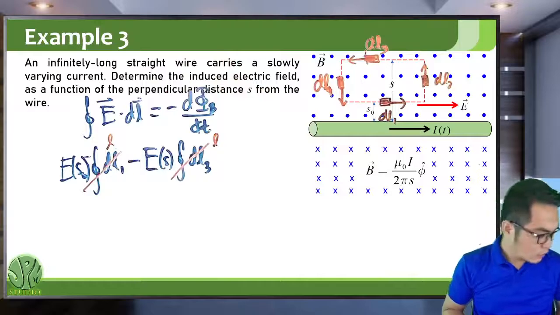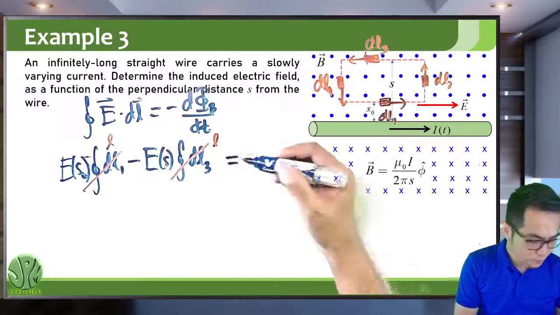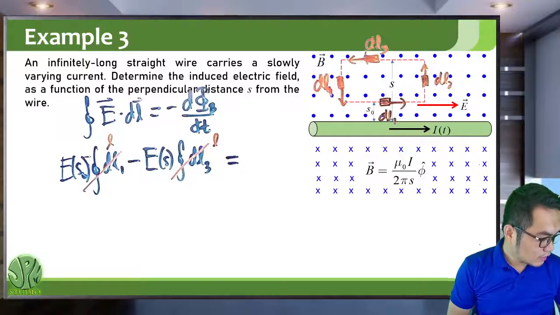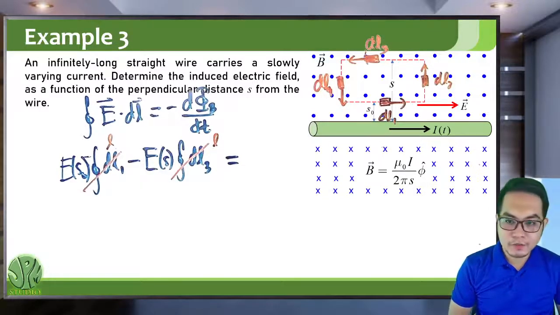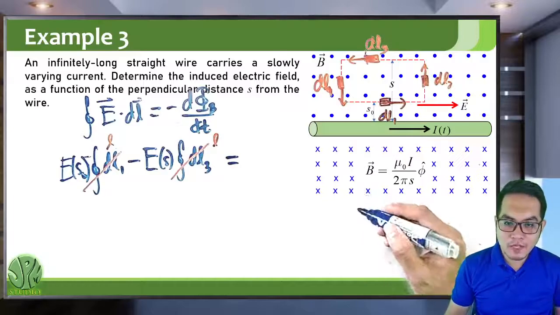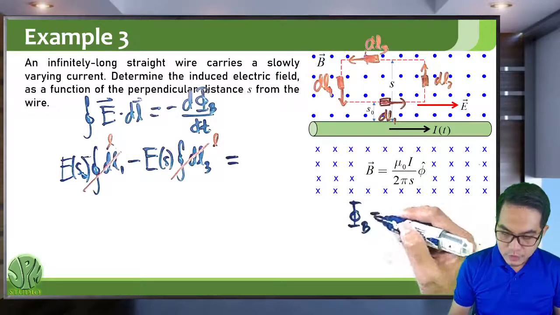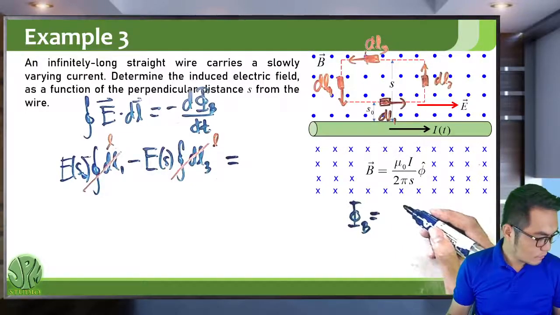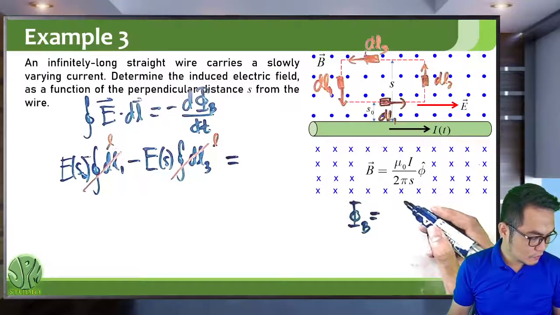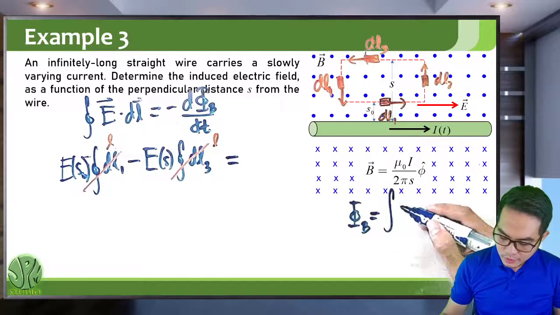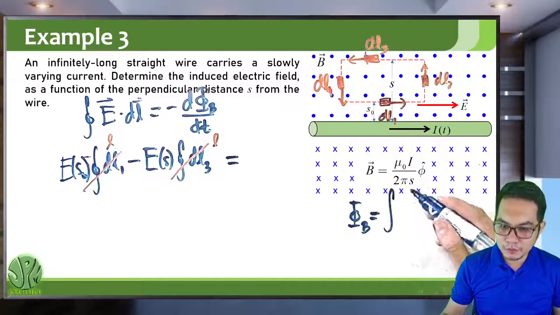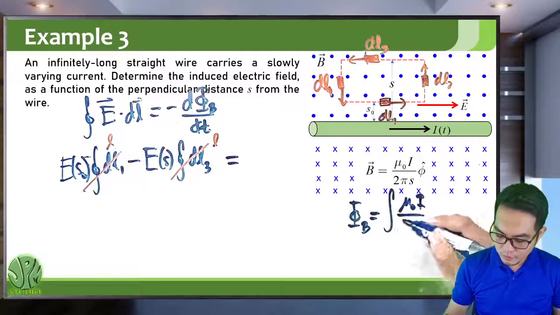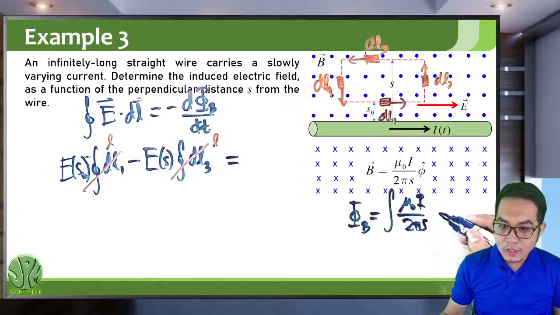Okay, so going back to our flux, it is actually just the integral of B dot dA. Basically, you will get the integral of B, which is this one, mu naught I over 2 pi S phi hat.